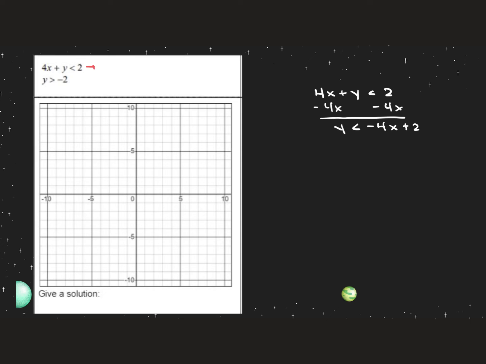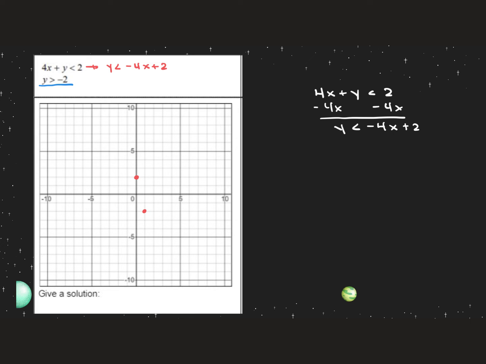All right, so that equation I'm going to put in red. So y is less than -4x plus 2. And my second equation I'll graph in blue. So I have my y-intercept of 2. I'm going to go down 4 and to the left 1.